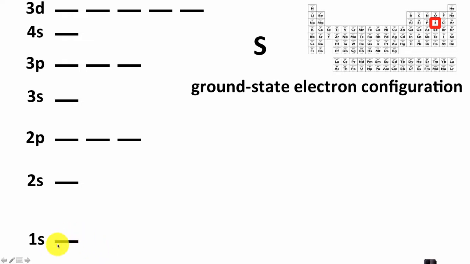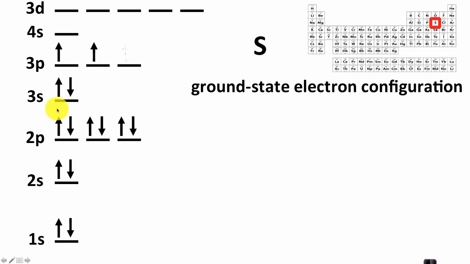As shown here in the energy level diagram, they fill into 1s, then into 2s, then they fill into 2p, staying in separate rooms until they have to pair up, then 3s, then 3p, until all the electrons are used. So this is the ground state electron configuration of sulfur, and we'd write it 1s2, 2s2, 2p6, 3s2, 3p4.